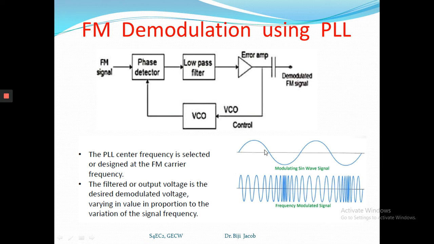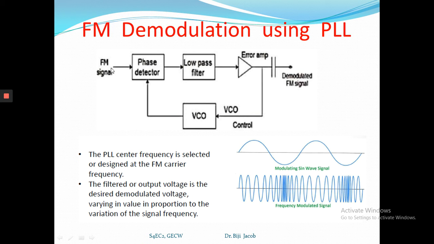As you know, frequency modulation means the carrier frequency is varied according to the modulating signal. So the frequency of the FM input will be varied according to the modulating signal. If you give an FM signal as the input to the PLL, and the carrier frequency of the FM is equal to the VCO's free running frequency, then the PLL will acquire and capture the input frequency and be under the lock condition.